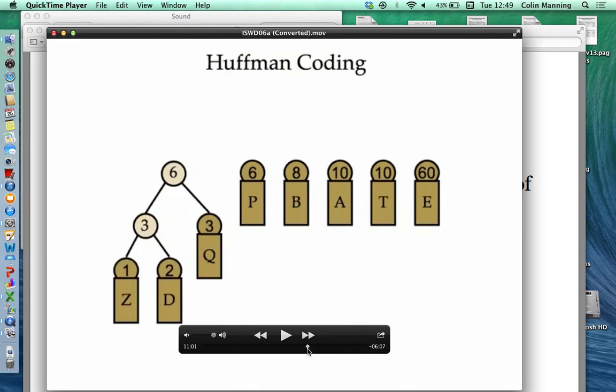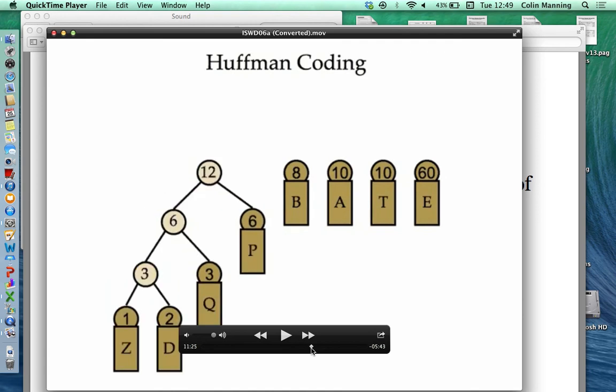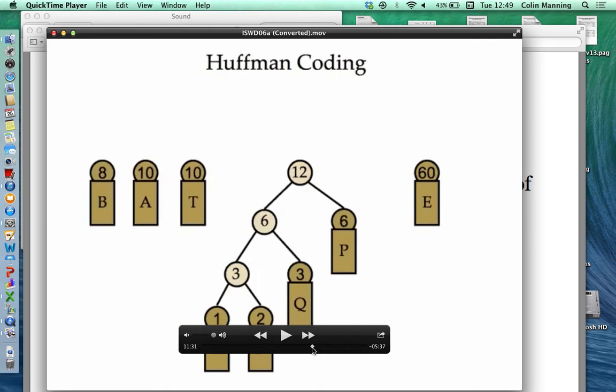So here we have 6, 6, 8, 10, 10, 60. We'll merge the two 6s to give us a 12. Now, when we sort those by weighting, the 8, 10, 10 are smaller than the 12. So now we would merge the 8 and the 10 together to give a weighting of 18.